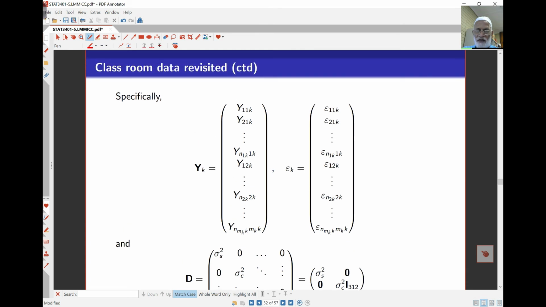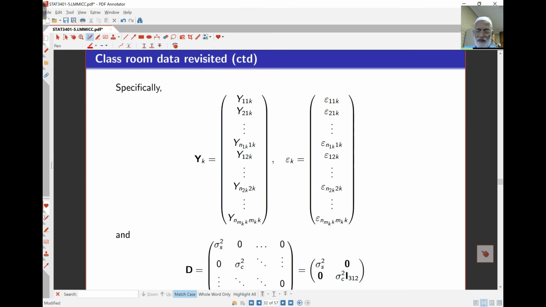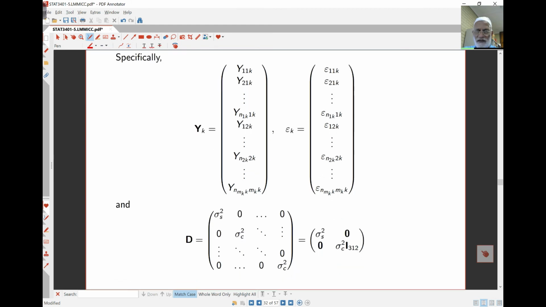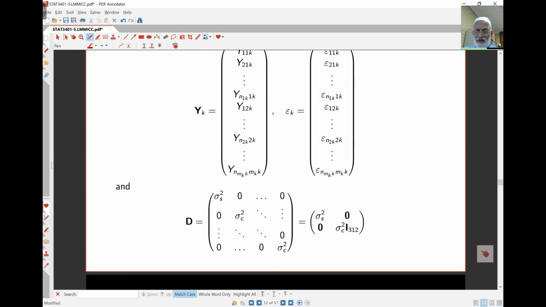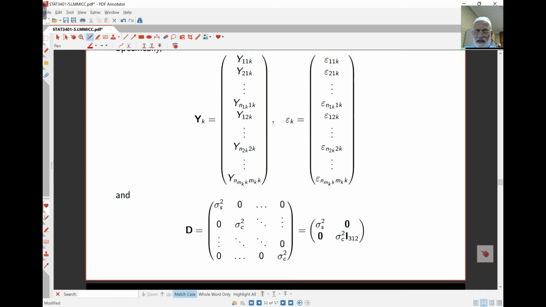This is the observations Y_k for the kth school, and we've got the schools, classroom within the schools, and so on. The D matrix is just the diagonal matrix of the classroom effects, and there's a school effect here as well, depending on the school we're looking at. And this is going to be the 312 classrooms altogether from all the schools.